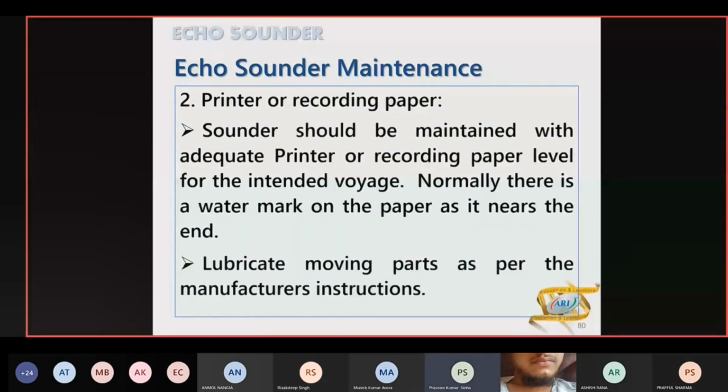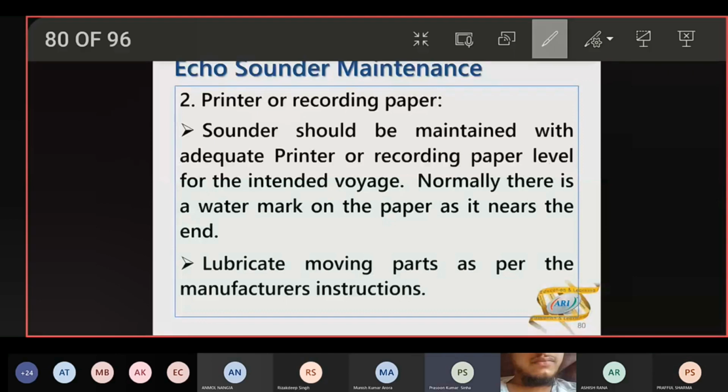Printer or recording paper, whatever we say, it is continuously being pulled out. So it should be maintained in full condition or sufficient condition so that it is not finishing during the important passage that we are doing. So the roll has to be replaced when it is finishing. How do we manage that?